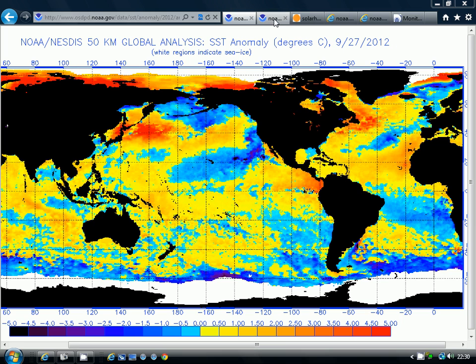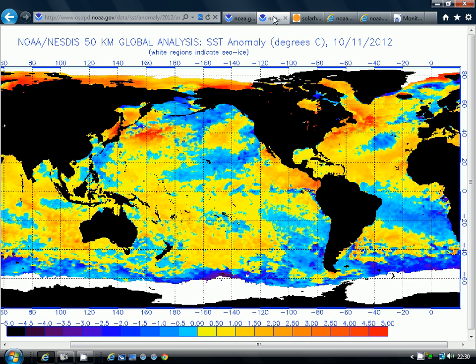Well, we'll have a look at how things have developed on the latest sea surface temperature anomaly, and this is from NOAA in America. This is the sea surface temperature anomaly for the globe for the 11th of October 2012. And just looking at the ENSO region again, we can see there's been very little development here of the El Nino through the ENSO region. Hard to see much warm water rising up. I did a video about this last week, of course.